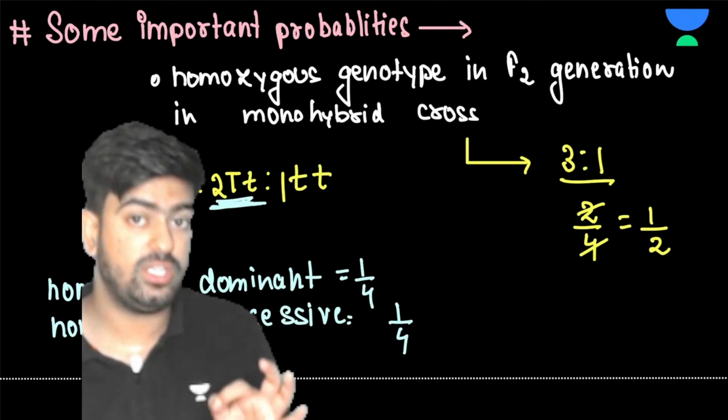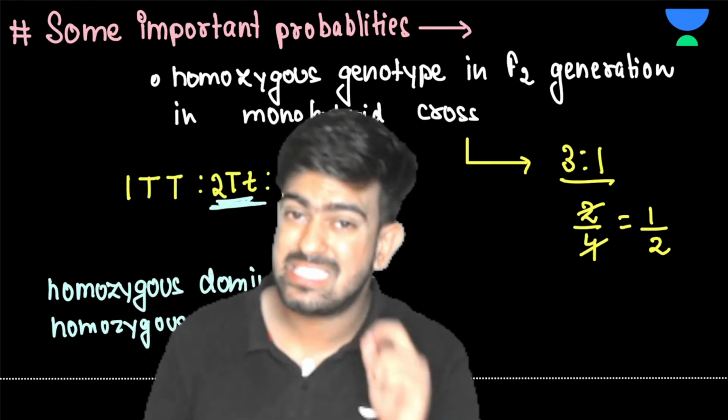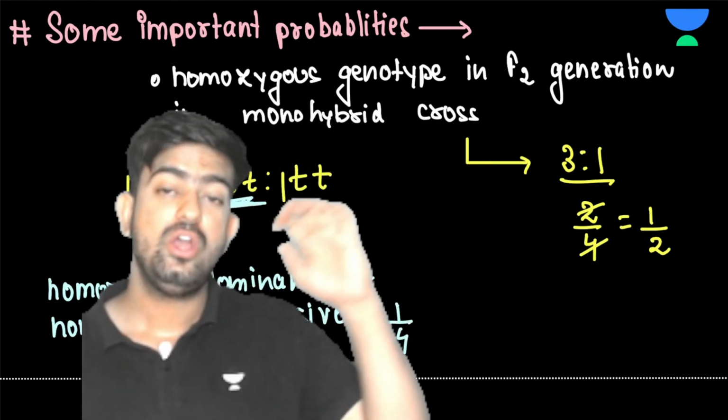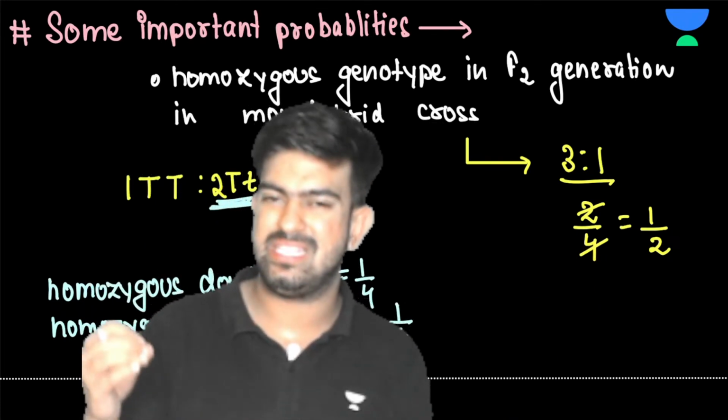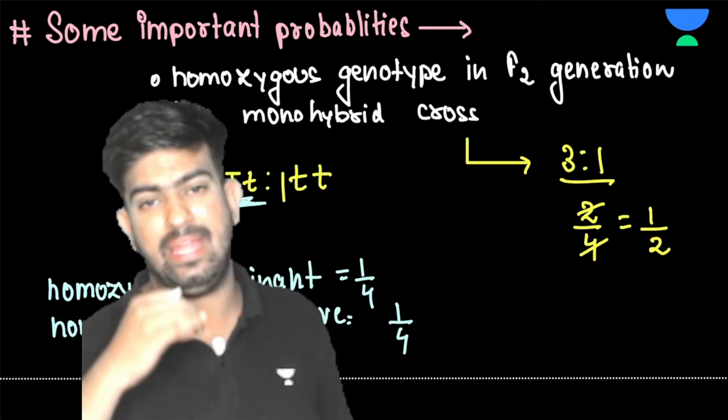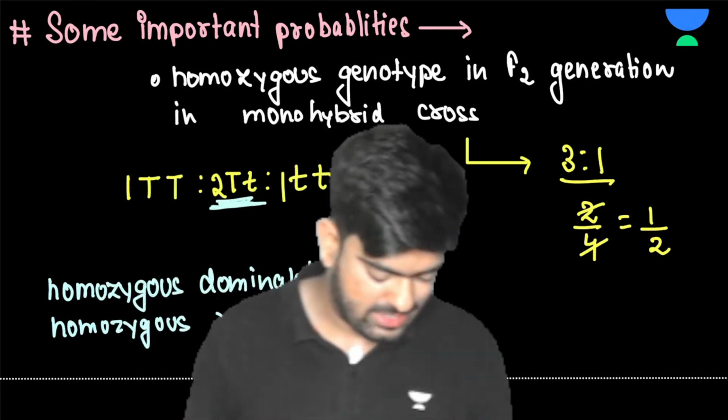And if the question has not asked whether it is dominant or recessive, just write 1/2. Okay, clear? That's very good, sir.